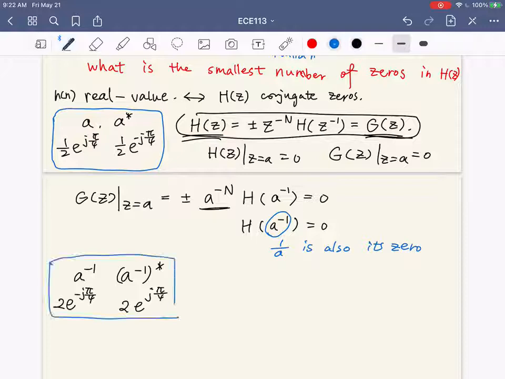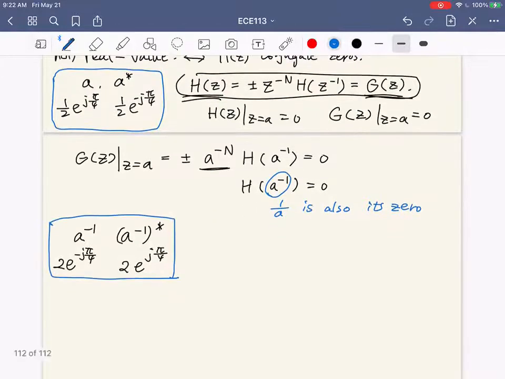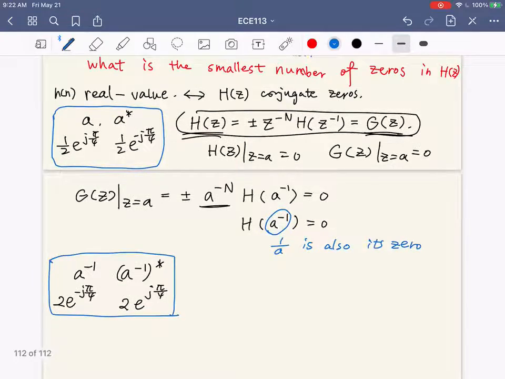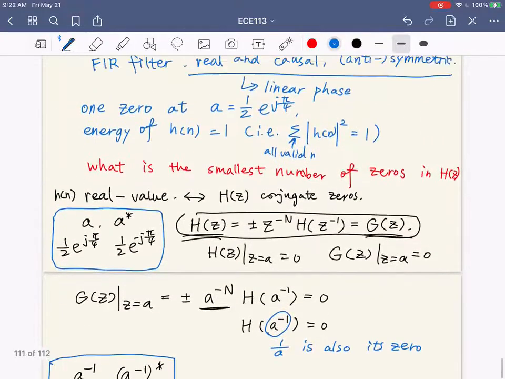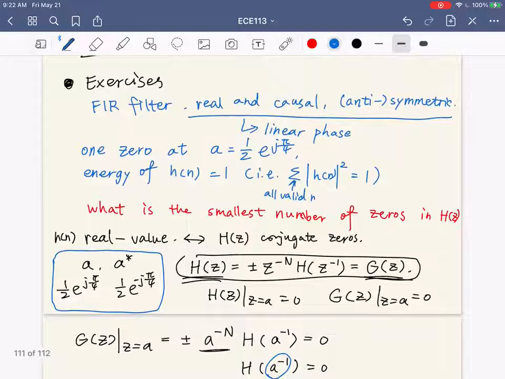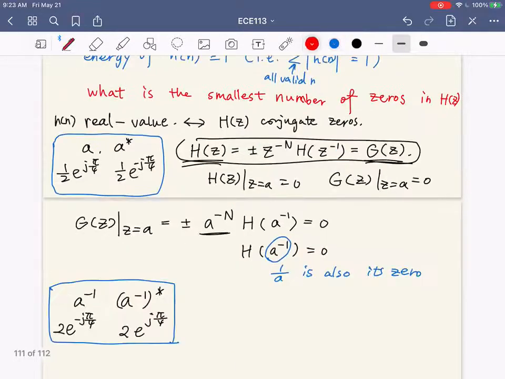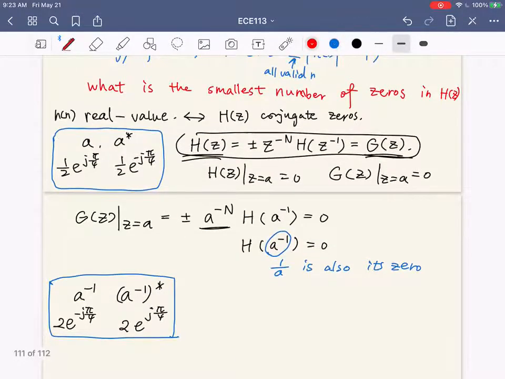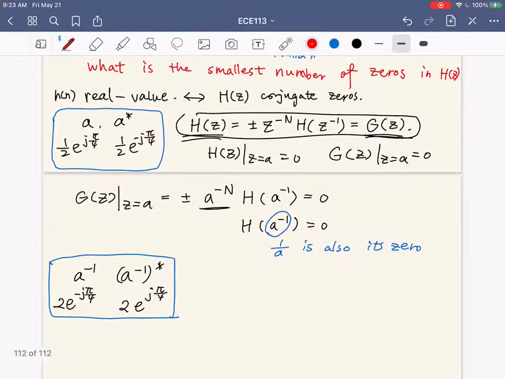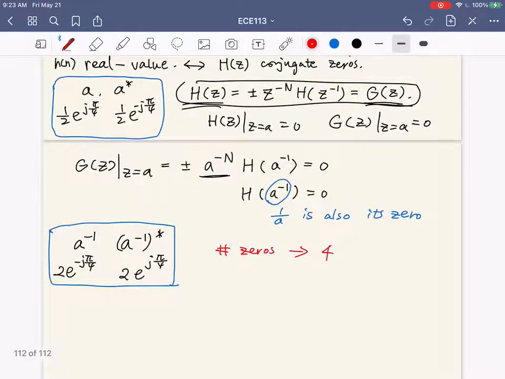Correct? Now we are very happy. We have got 4 zeros. And we can't derive any more zeros given this limited information. So we can answer the question from earlier: what is the smallest number of zeros in H of D? It should be 4. So we solved this problem.